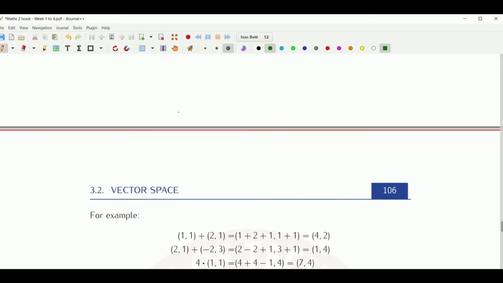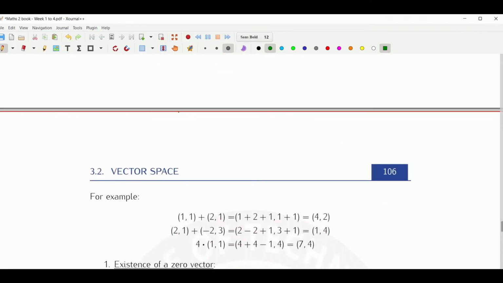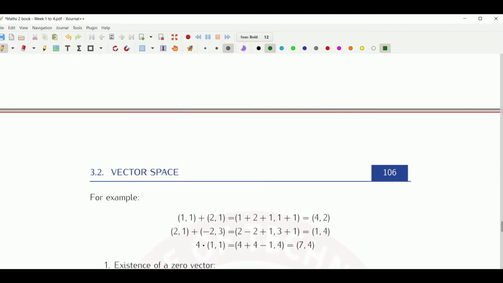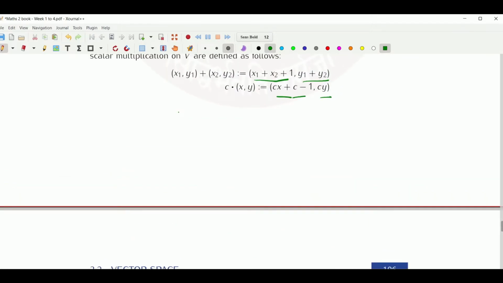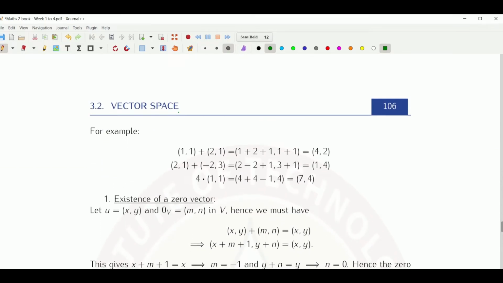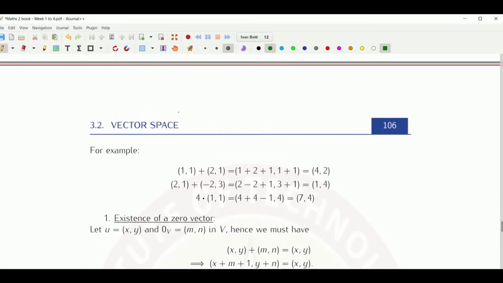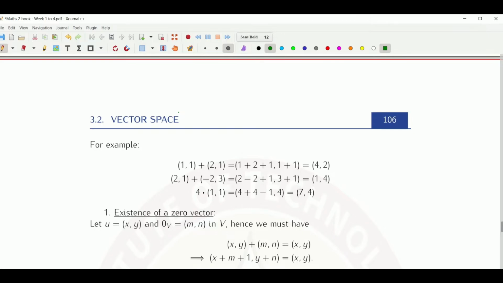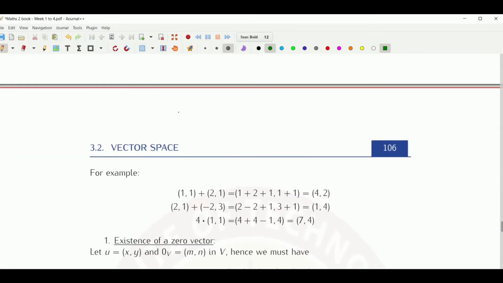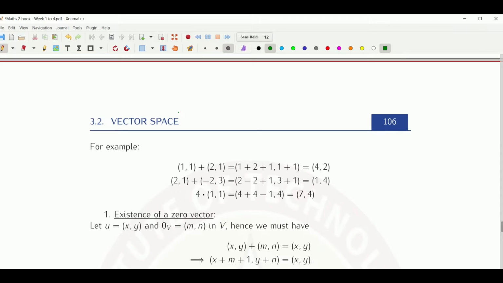And for 2 dot (minus 2, 3), what will it be? (2 times minus 2 plus 2 minus 1, 3 times 2), which is (minus 3, 6). And 4 dot (1, 1) will be (4 plus 4 minus 1, 4), because it is the multiplication rule cx plus c minus 1 and cy. Okay, it will be (7, 4).